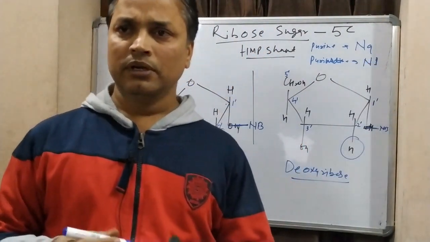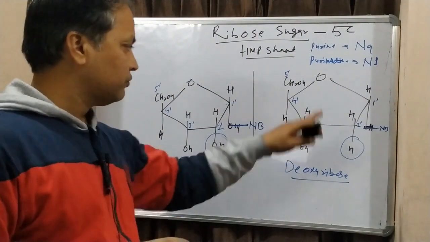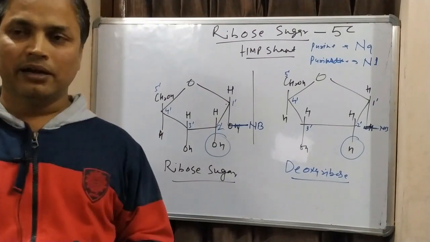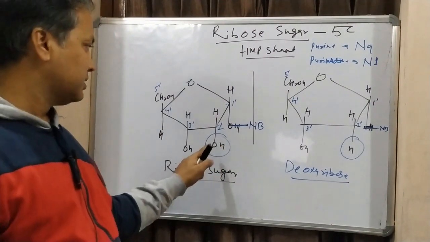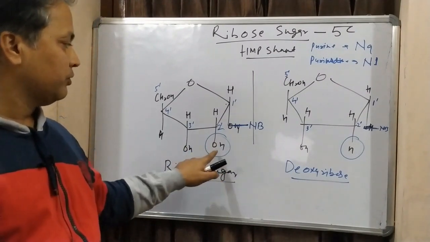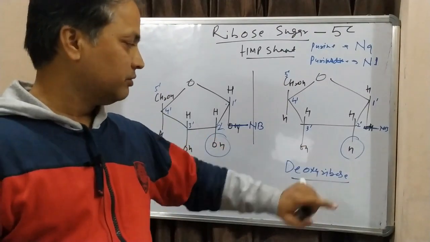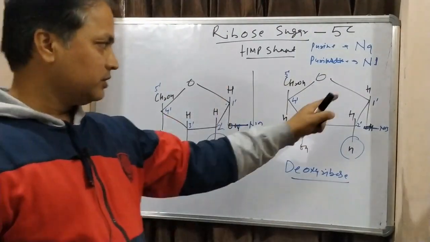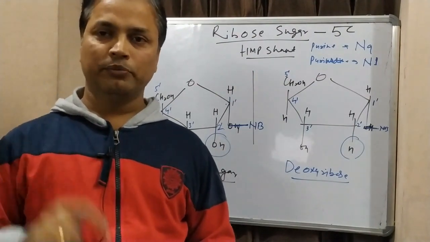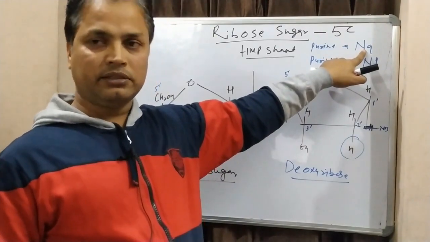So remember, the difference between ribose and deoxyribose is at the second place: in ribose sugar we have OH, and in deoxyribose we have only H. The first carbon's OH is associated with the nitrogen of the purine or pyrimidine. In purine it is the ninth nitrogen.